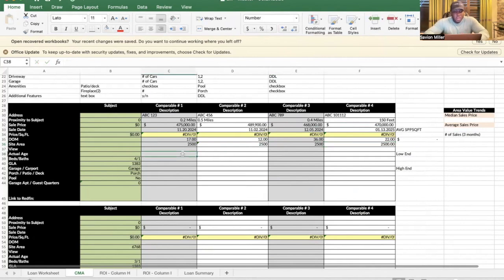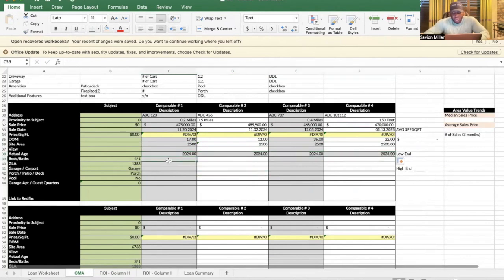Okay, actual age 2024, so they're all going to be 2024. All right, so boom, 2024.